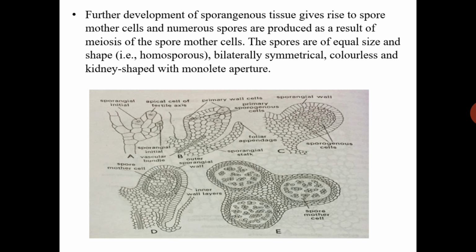The spores are of equal size and shape, that's why they are called homosporous, bilaterally symmetrical, colorless and kidney shaped with a monolete aperture. So here you can see the trilobed structure of the synangium which contains spore mother cells. After meiosis they develop into spores.